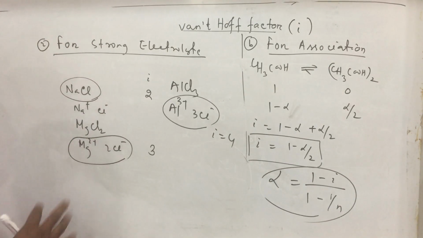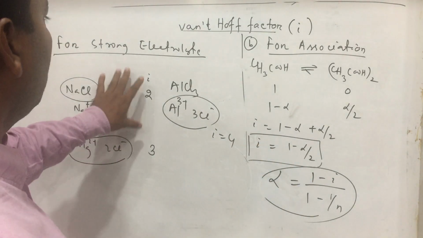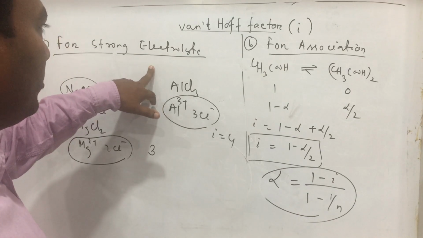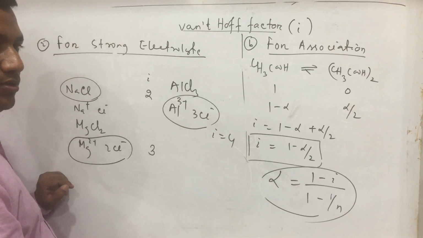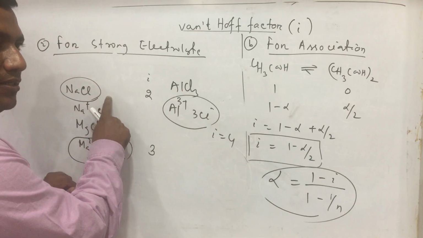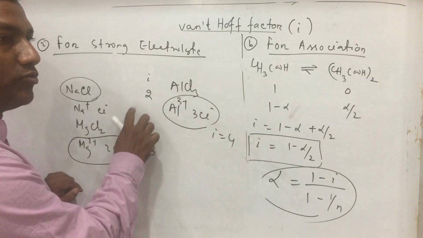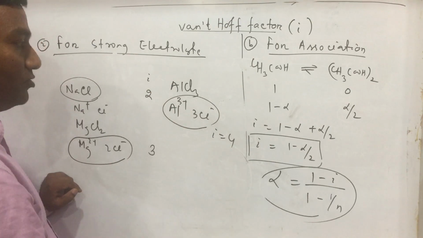And remember, in the NCERT book, when the question gives a strong electrolyte and i is given, you use that i. Suppose sodium chloride, we know its i will be 2, but if the question gives i equals 1.87, that means sodium chloride does not undergo complete dissociation.